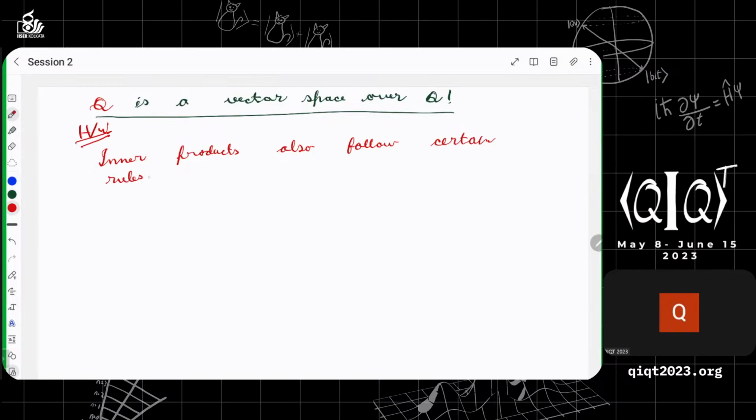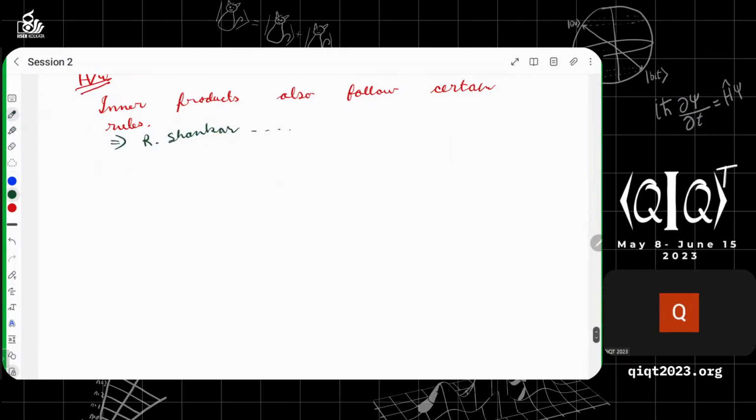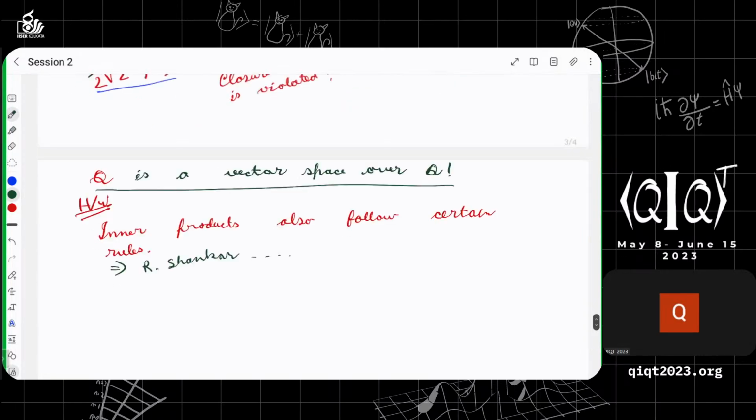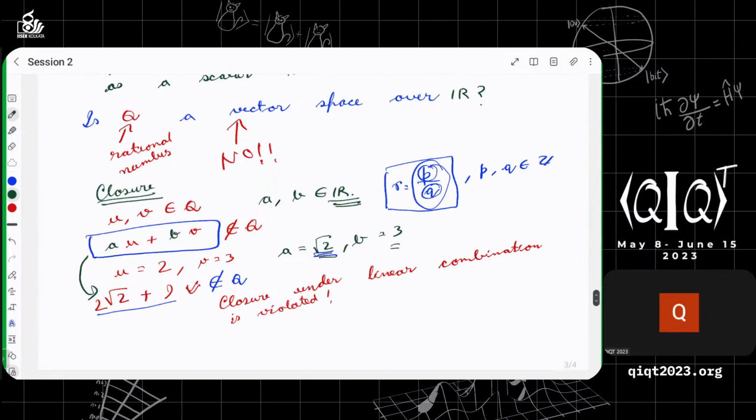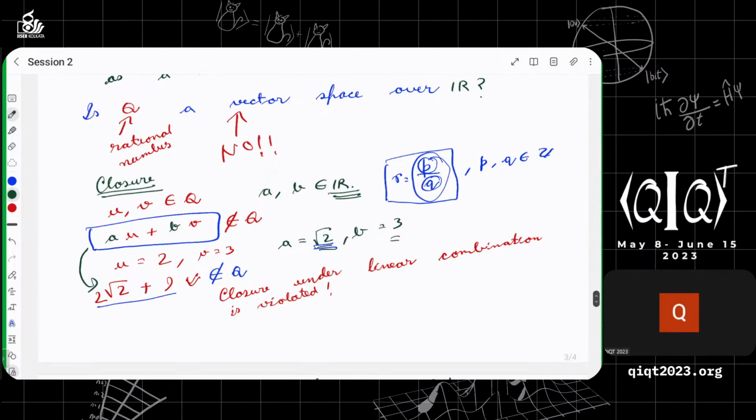I won't be discussing it here, but you can refer to R. Shankar, Principles of Quantum Mechanics, that book that I recommended a bit earlier. Now that we are somewhat familiar, I think I should stop at this point and ask if there are any queries or questions, or whether you understood the examples that I presented. I'll wait for 2 minutes.